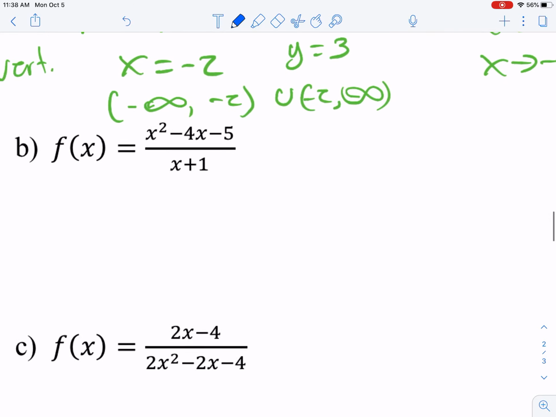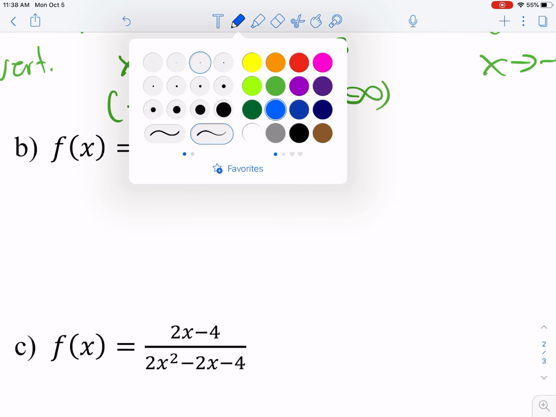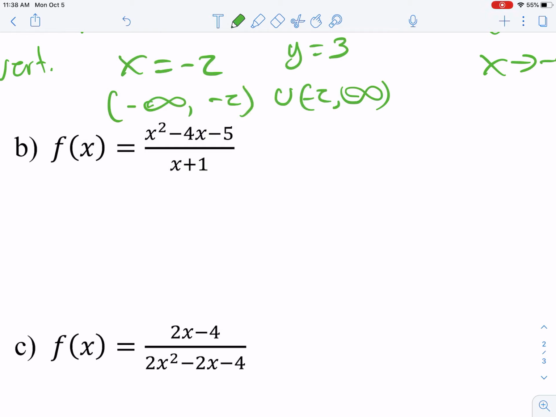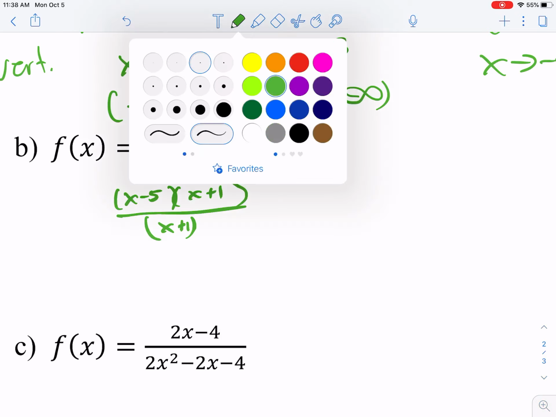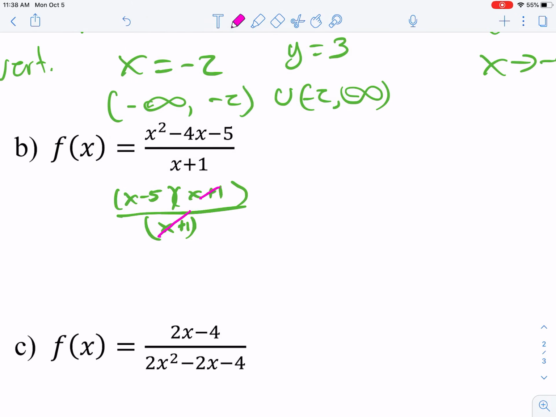All righty, I didn't leave enough room to work. All right, first thing we're going to do is factor. So you get x minus 5 and x plus 1. These guys cross out, so I have a hole at -1, and you plug -1 in there and get -6. No asymptotes, because you have a line with a hole in it.